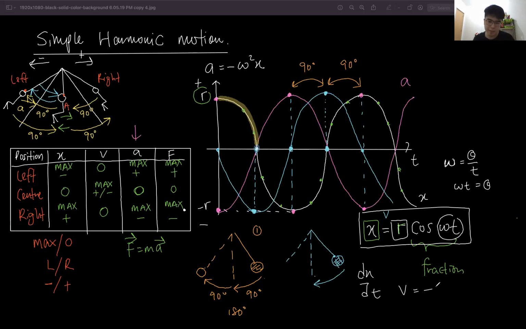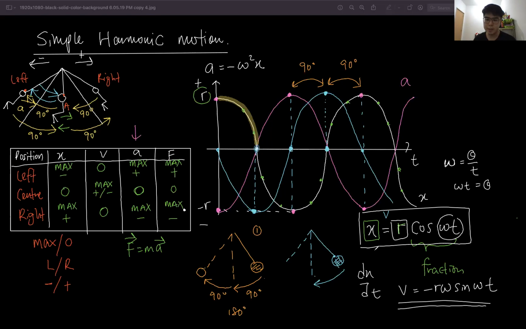So you get v = -rω sin ωt. You get this. So this is the equation for velocity.